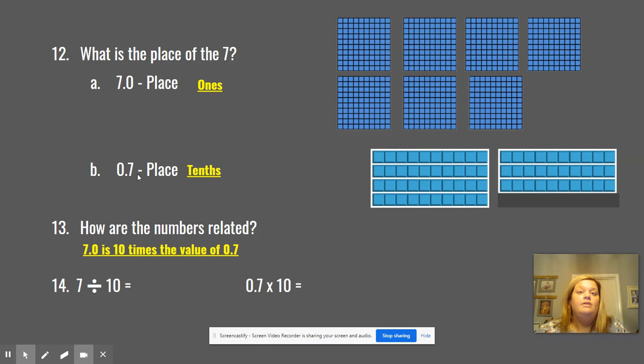So 7 is 10 times greater than 7 tenths. If we look at this, 7 divided by 10 is 7 tenths, and 7 tenths times 10 is 7. It kind of cancels each other out. So 7 is 10 times larger than 7 tenths.